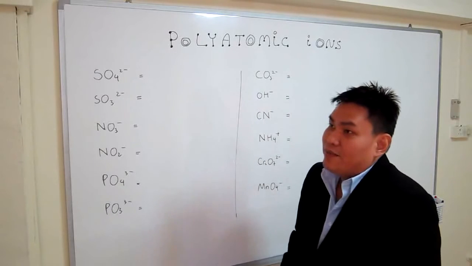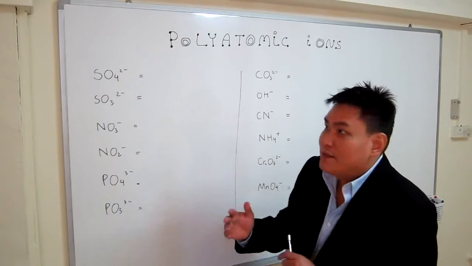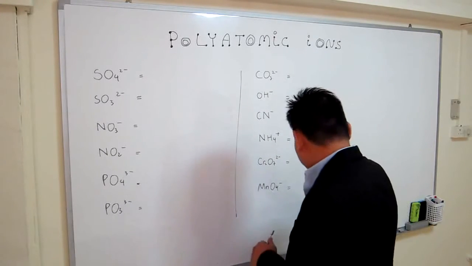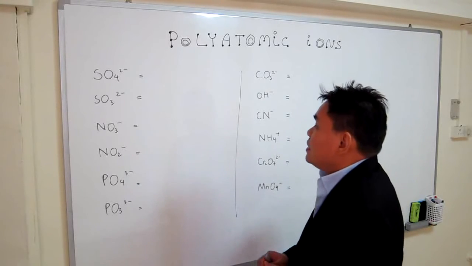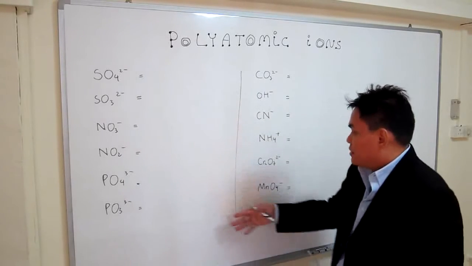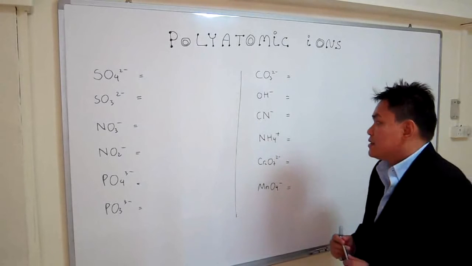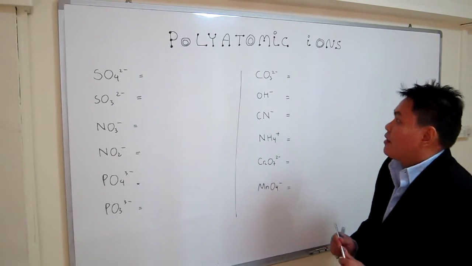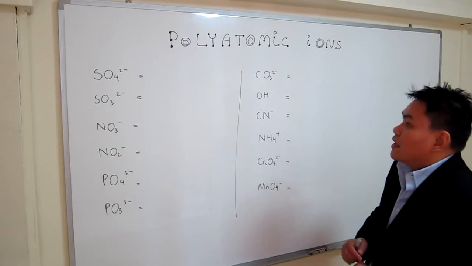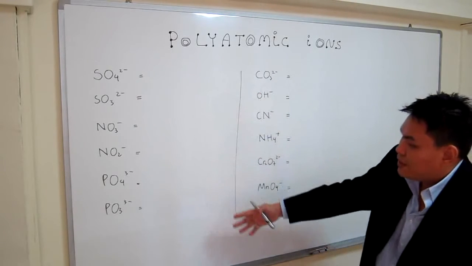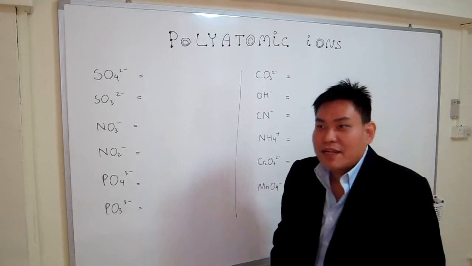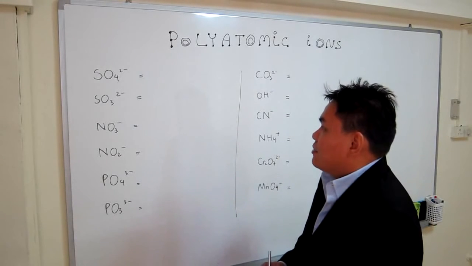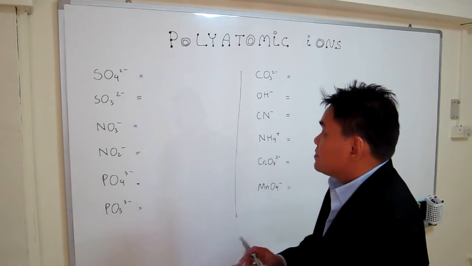So what to do? We need to memorize some of the more common polyatomic ions, and the list here that I give to you is not the complete list. There will be a lot of polyatomic ions. The ones that I put here are commonly used, the ones that most people know.